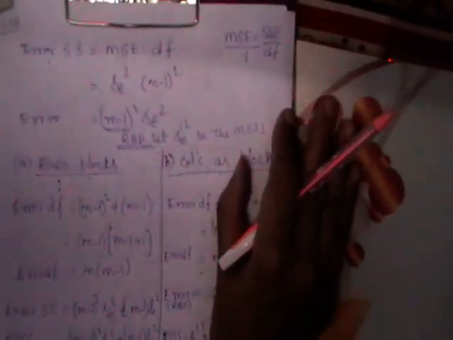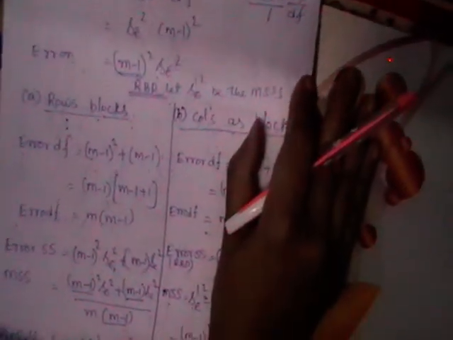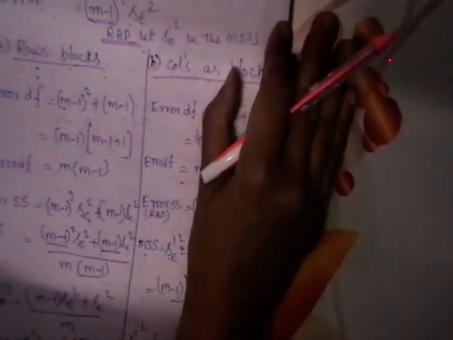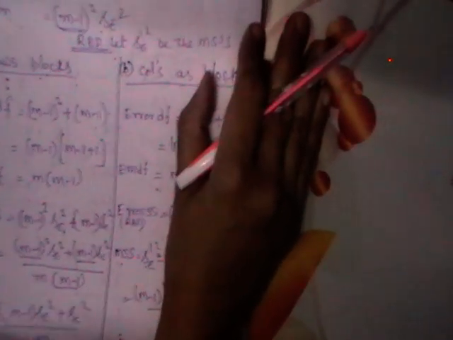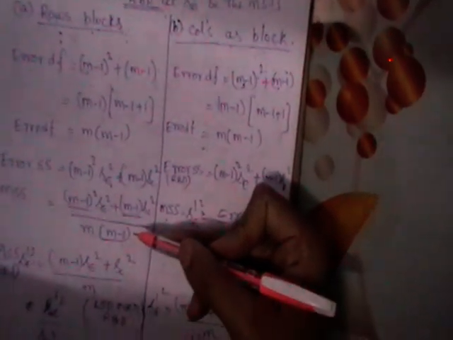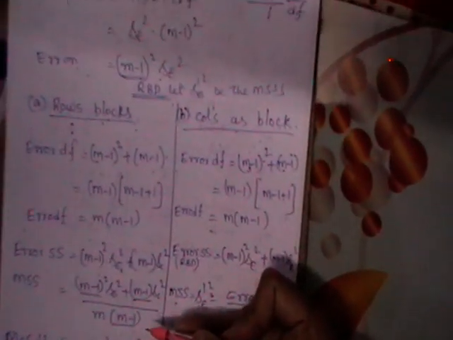As E is greater than 1, we can conclude that LSD is more efficient than RBD.